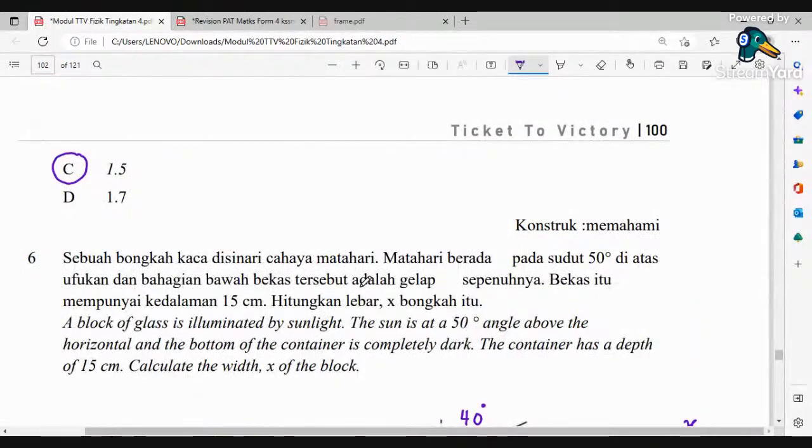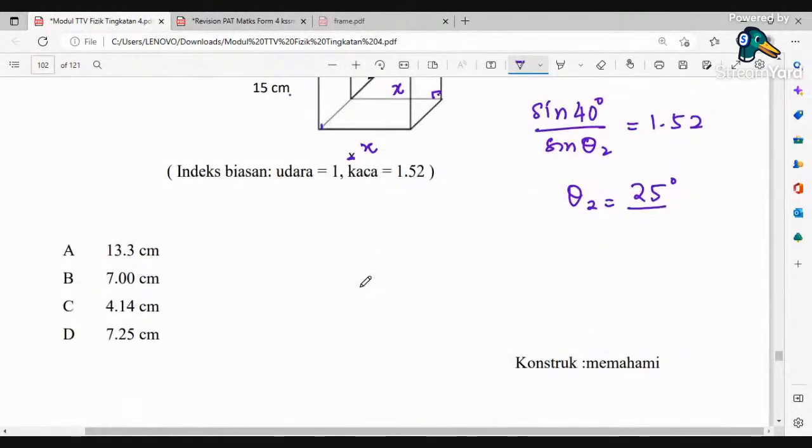I get 6.99. So I round off, I will get 7.